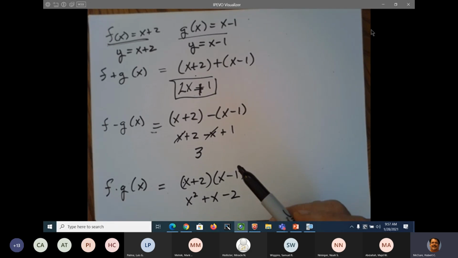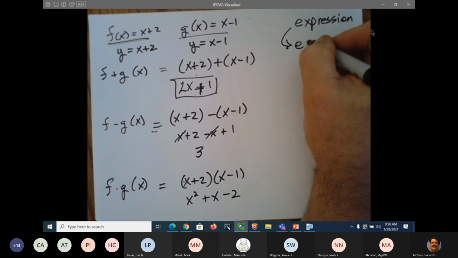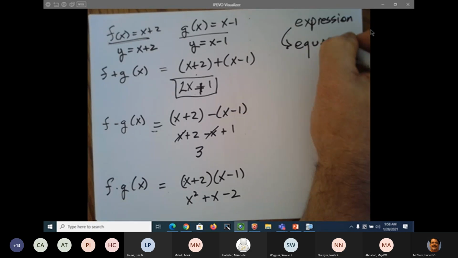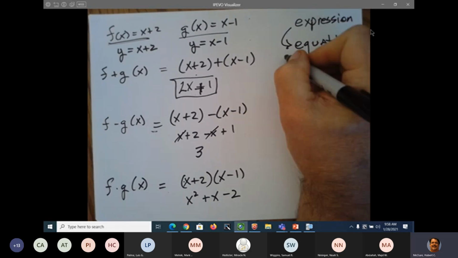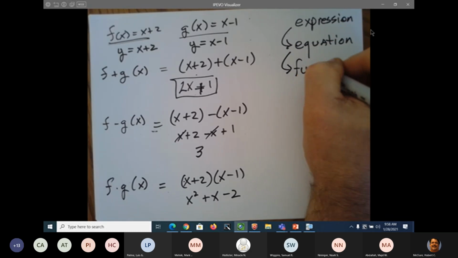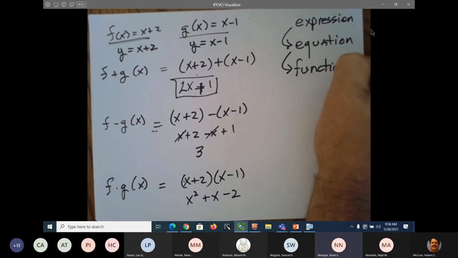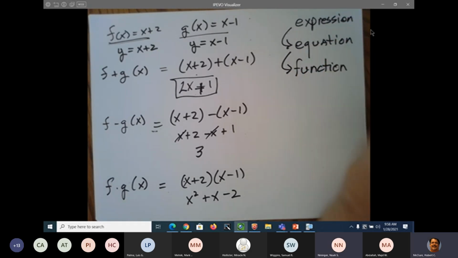The problem is the transition from expression to equation to function. That's where the problem is.